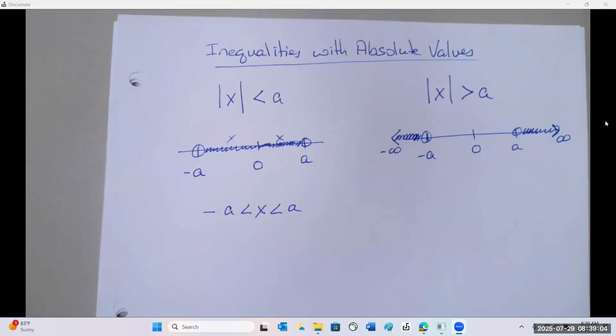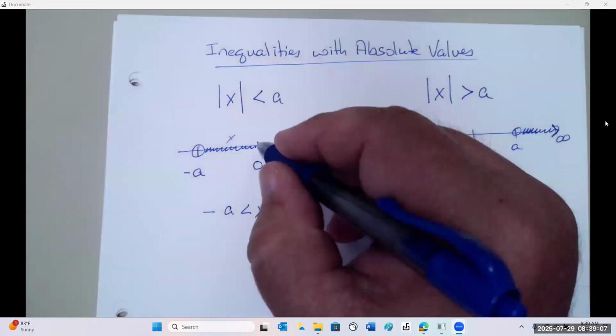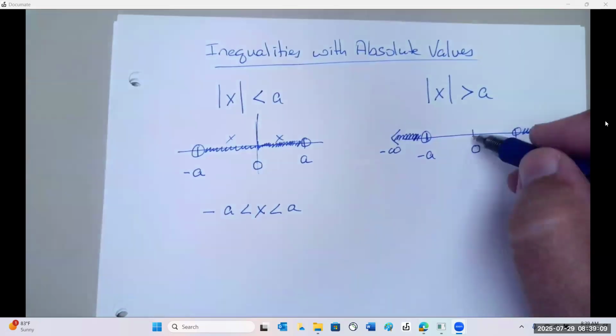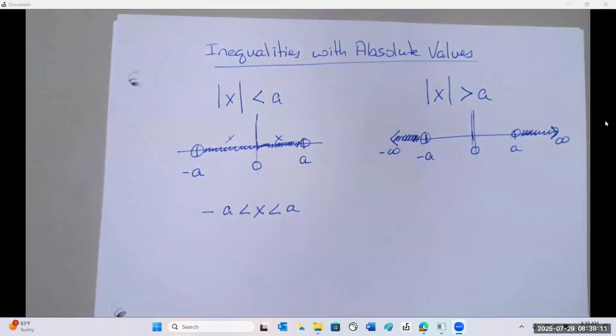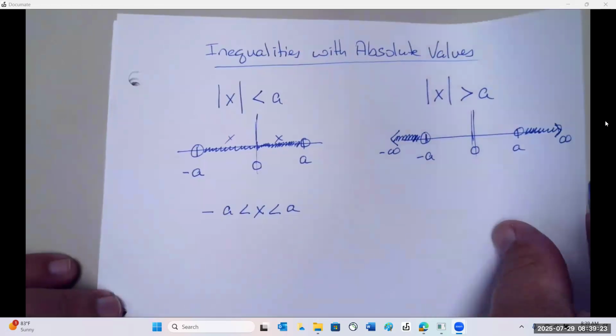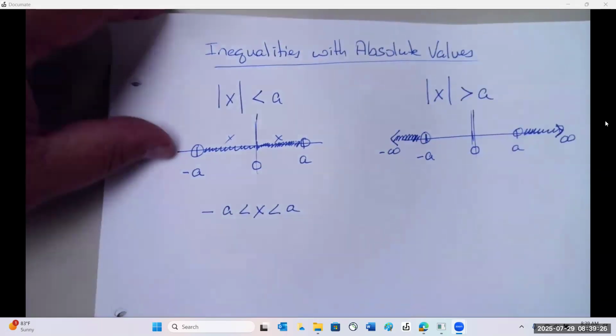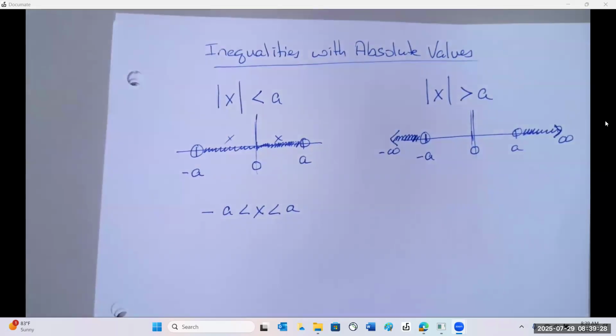An easy way to remember it is if this is 0, I have to be able to fold it at 0 and get the same picture. They have to be mirror images of each other. So if I took this and folded it, I get the same answer. If I took this one and folded it, I get the same answer.